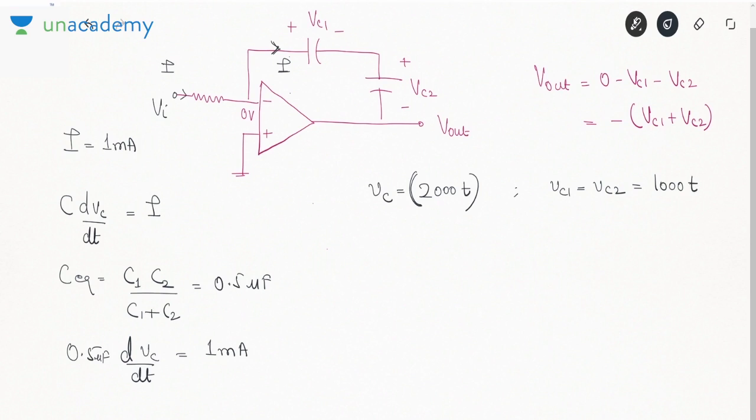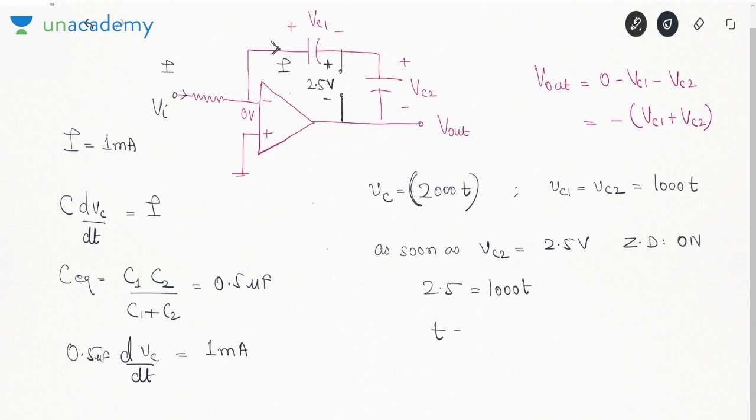Now what will happen? We have a Zener diode here and it requires 2.5 volt to go into the breakdown region. As soon as Vc2 becomes 2.5 volt, the Zener diode will turn on.